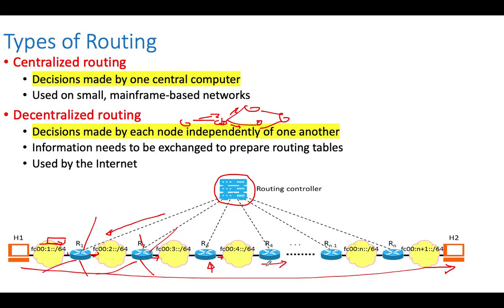Does that mean the router will do any calculation? No. Any path finding, which is the best path, whatever, no. The control unit turns the routers into some kind of switching devices. It's not an actual switch, but in terms of functionality, it turned into a device with switch functions.